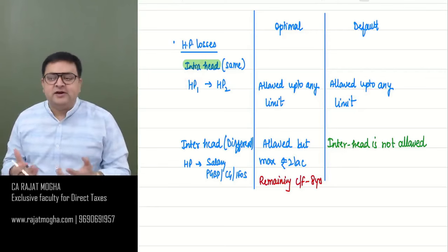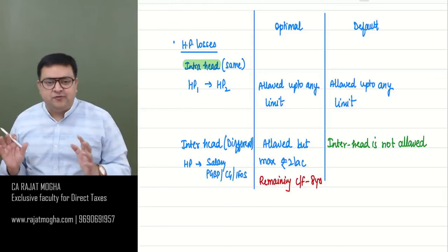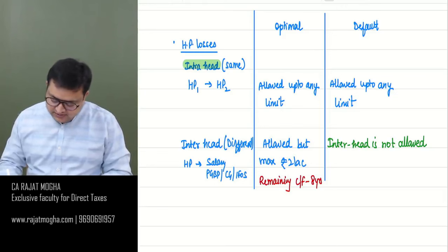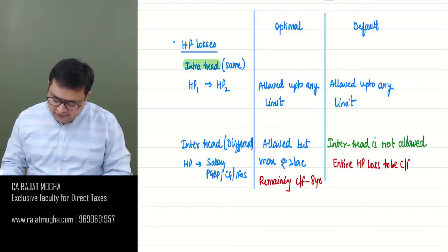So if we cannot set it off, what will happen? We will carry it forward then. So in that case, the entire HP loss is to be carried forward for 8 years, obviously.